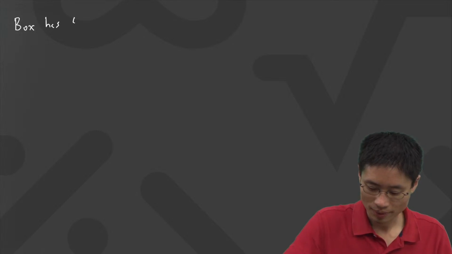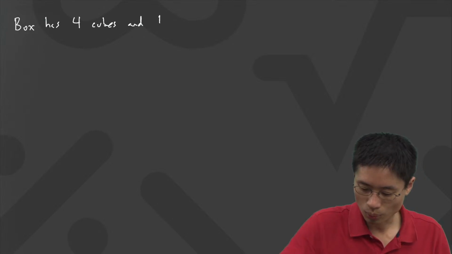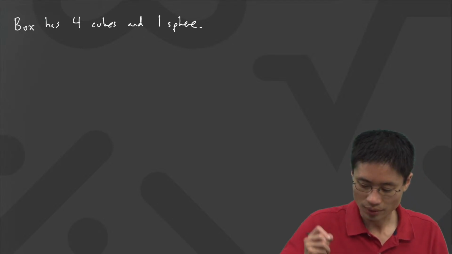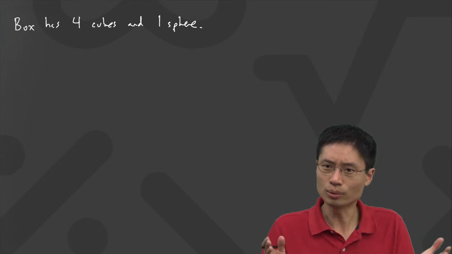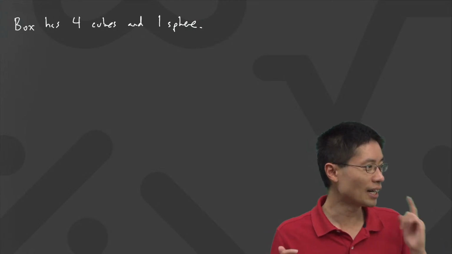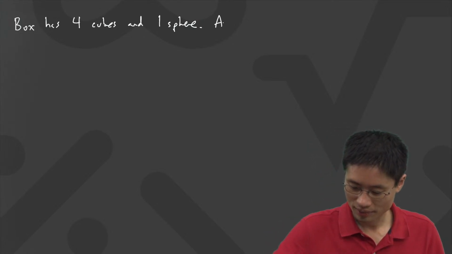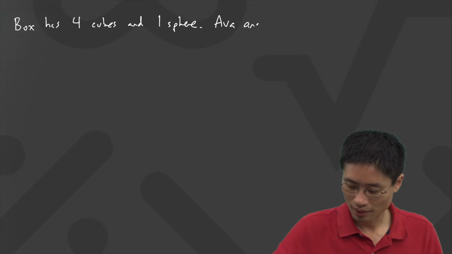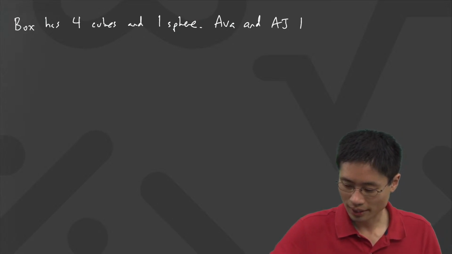Okay, but now they're playing a game. Who's they? Well, there's 2 people. Ava and AJ take turns.